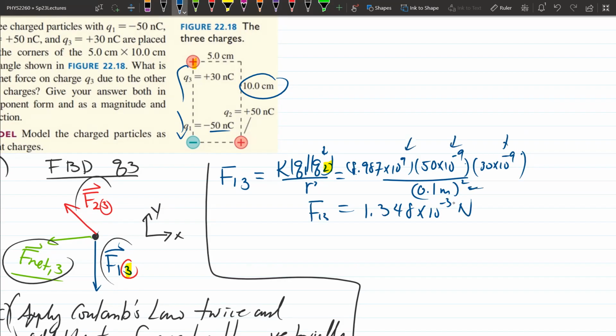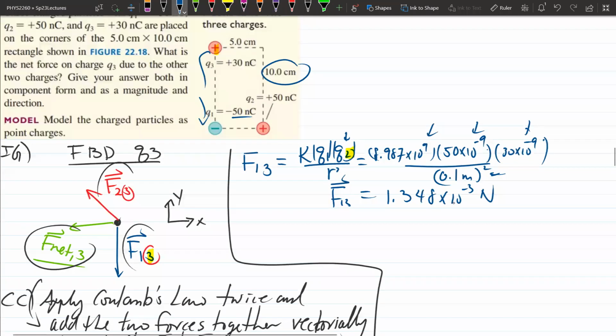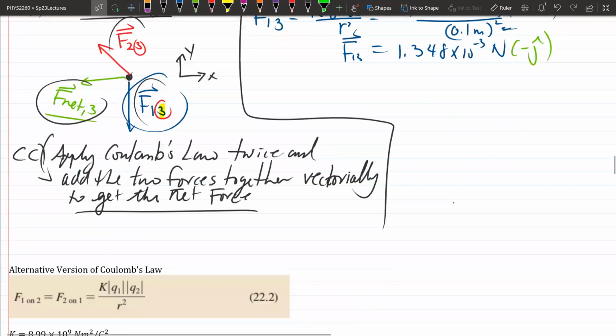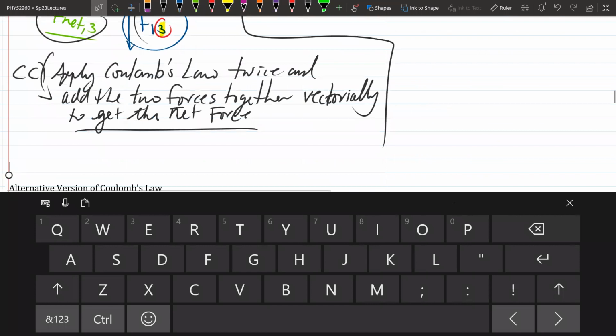And if I want to know what the direction is, I go back to the diagram. I expect the force of 1 on 3 is going to be in the negative j hat direction. It's going to be pointing downward. I'm going to need a little bit more space, so I'm going to push the stuff below a little bit further.